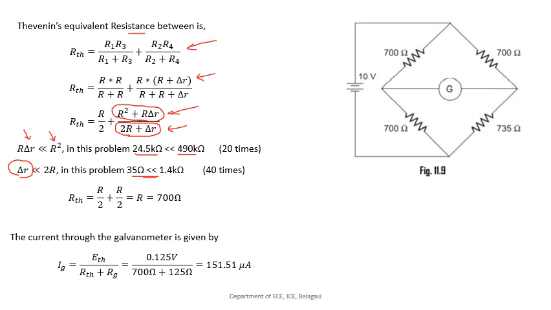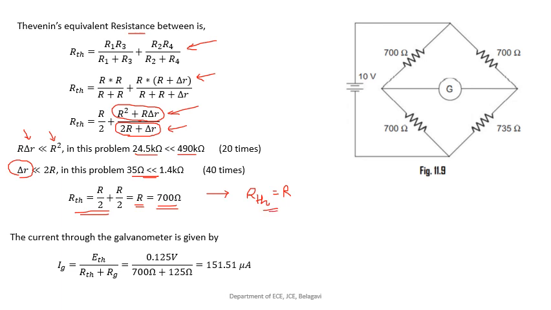If you ignore that, it simplifies so that RTH is equal to R, or around 700 ohms. One thing you can remember is that if you are asked to solve by the approximate method, then your RTH value will be equal to R.